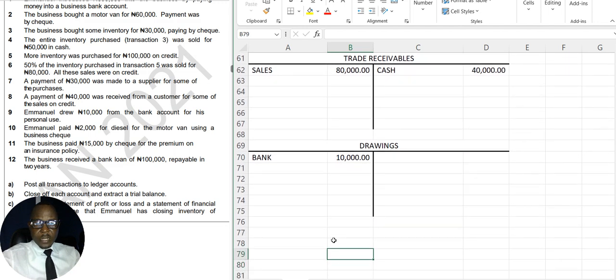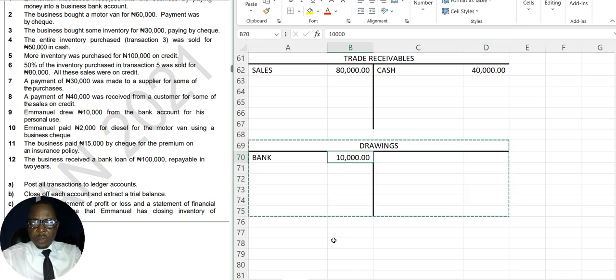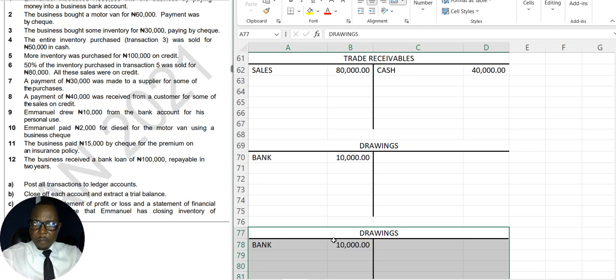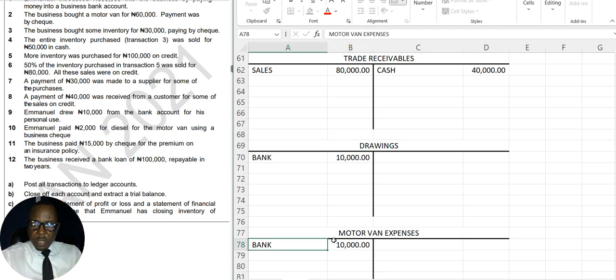So we are creating another ledger. Motor van expenses. That's what we're creating now. Expense. Motor van expense. Then you come here.